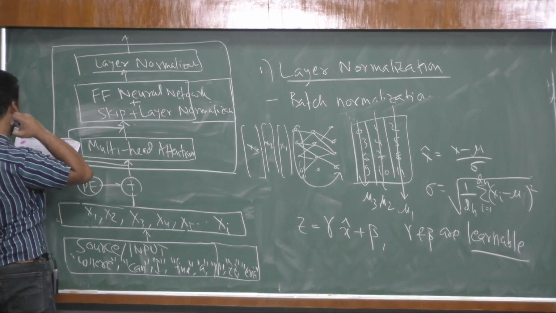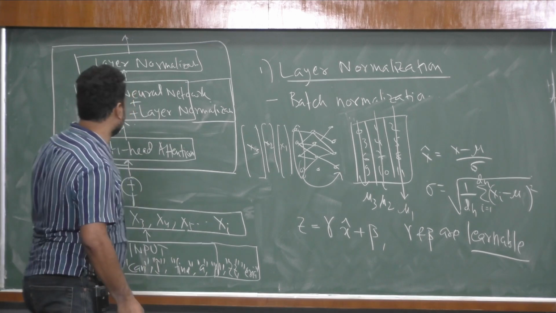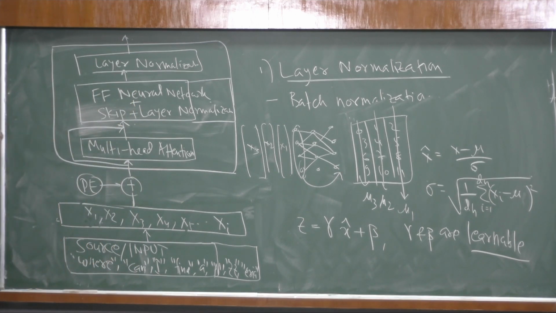Also, in the original paper, this is how the encoder block looks like, and we have basically 6 of these stacked on top of each other, and we have added skip connections and layer normalizations as well.